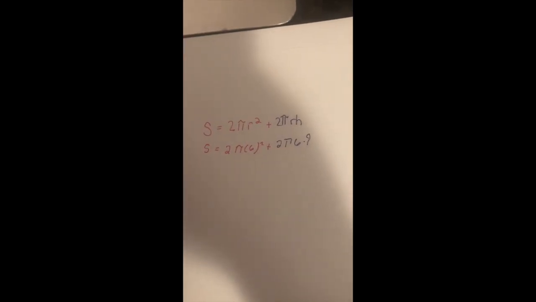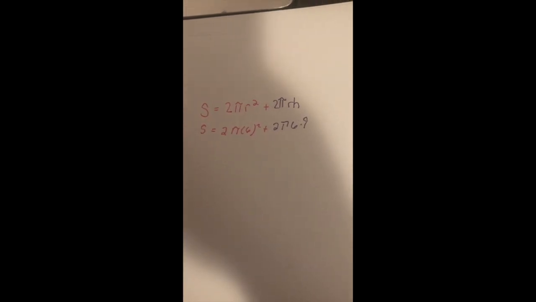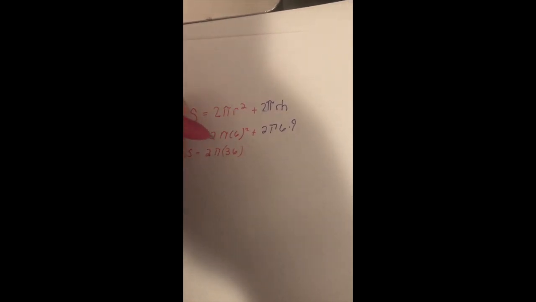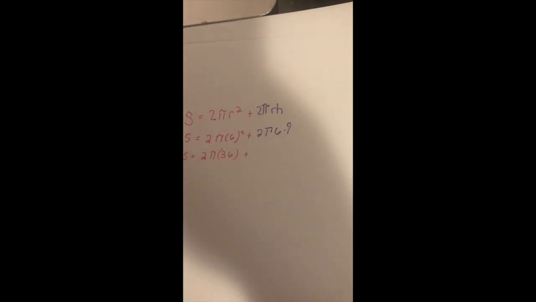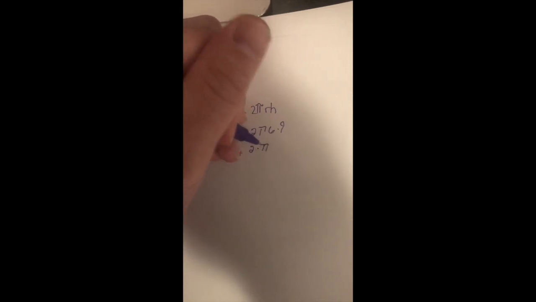All right, so the next thing that we need to do is to simplify. As we go ahead and simplify, we get 2 times pi times 36 plus 2 times pi times 54.